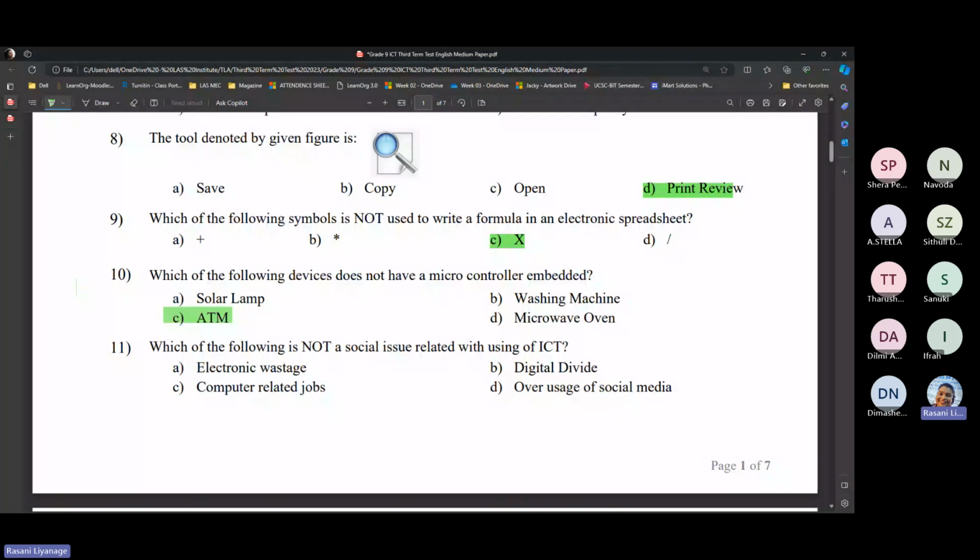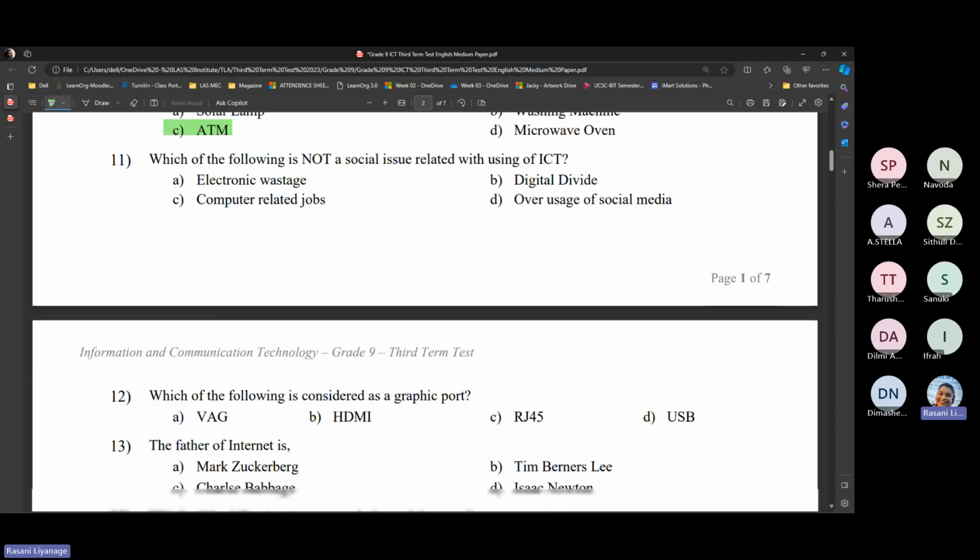We will say you have air conditioners, that is microcontroller embedded. Isn't it? So they also come under the answers. All right. So we have done 10 questions. We are coming to the 11th.